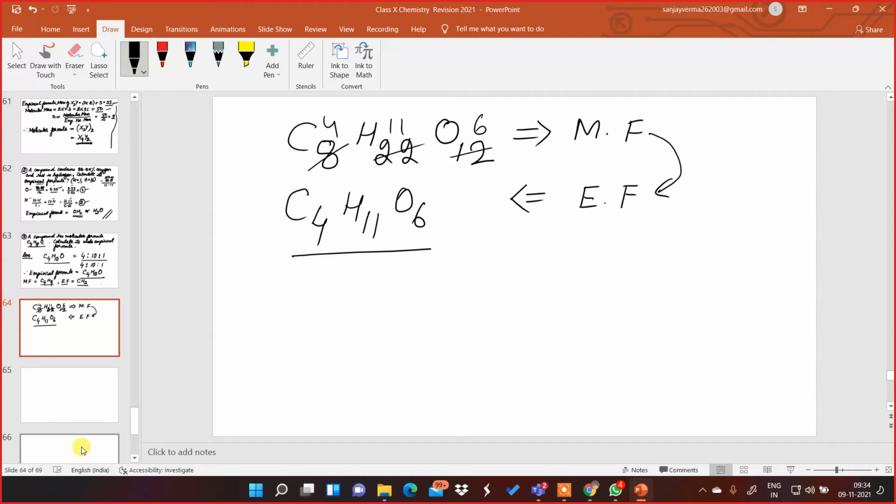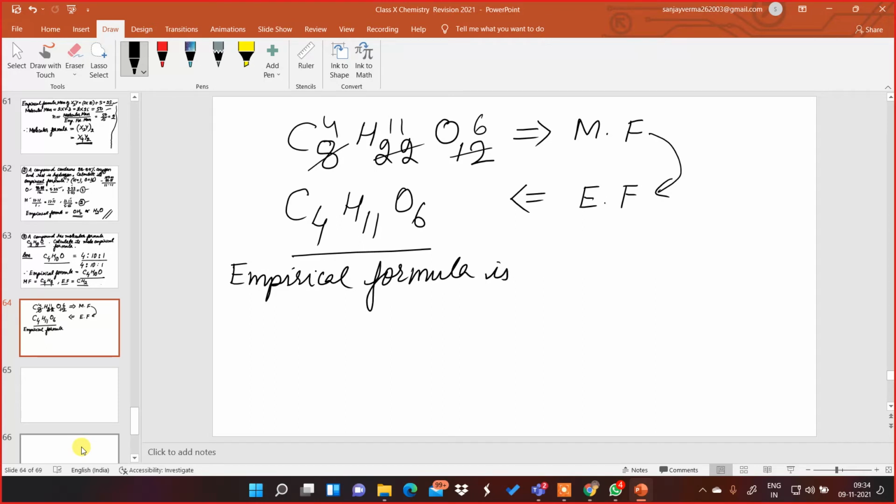Since the concept is becoming slightly clearer, now I want to tell you the definition of empirical formula.